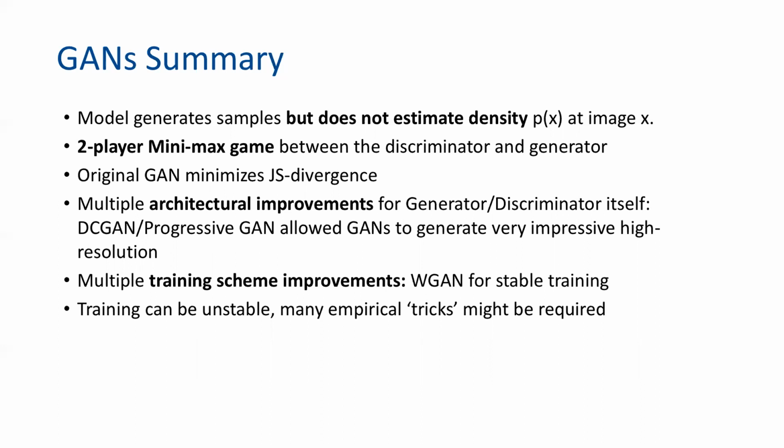Originally there was progressive GAN, but then BigGAN was a simple architectural improvement that subsumed progressive GAN and still used a coarse-to-fine architecture, but was able to produce really good images without the progressive training. We mentioned WGAN already.